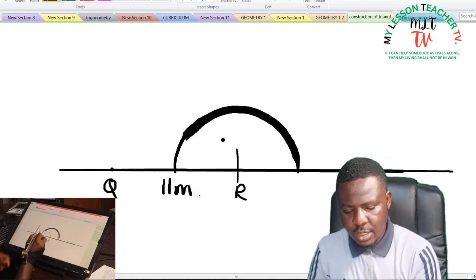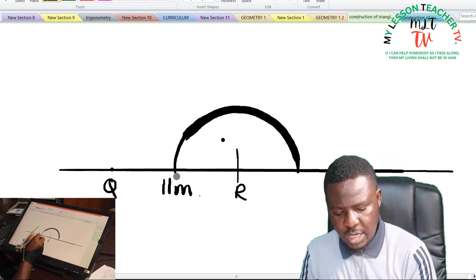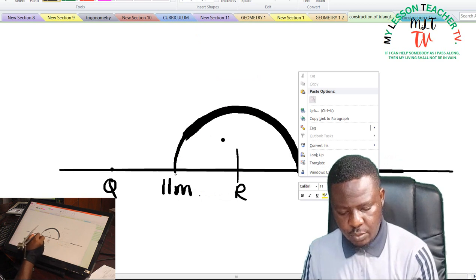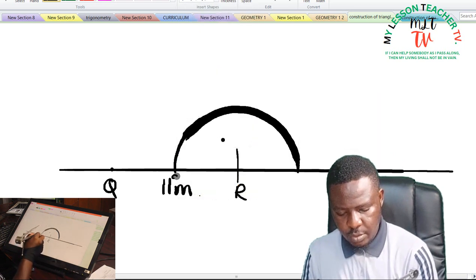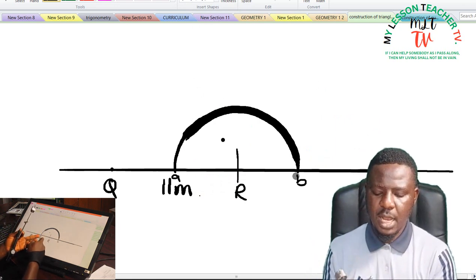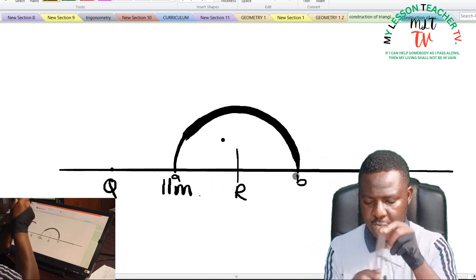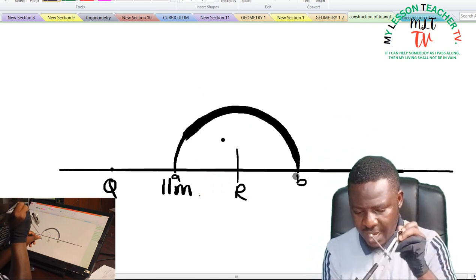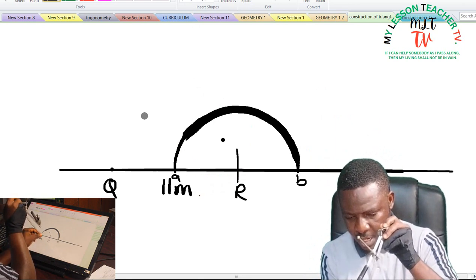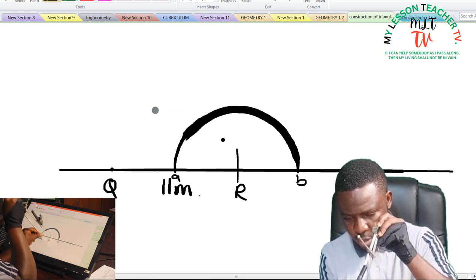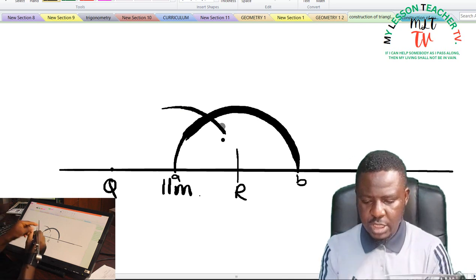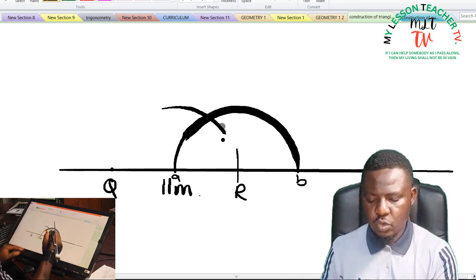So this is said to be, let me call this point A and point B. This is point A and point B. Now, for me to construct angle 60 degrees towards A with that same radius and A as center, you construct an arc to cut across the semicircle. So that point where the arc touches the semicircle gives you the angle 60 degrees.